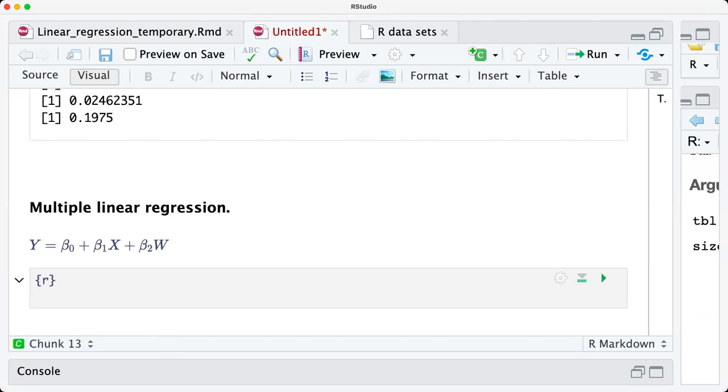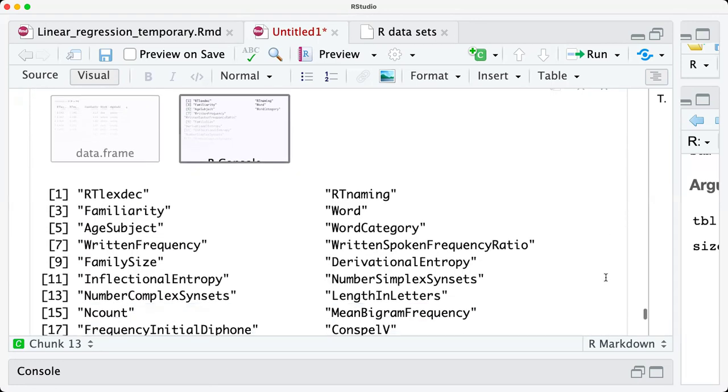Let's keep the English dataset, which has many columns, and let's find another variable to try to predict this lexical decision.